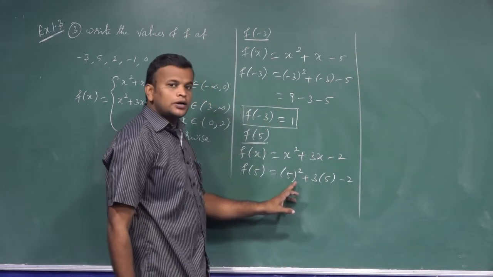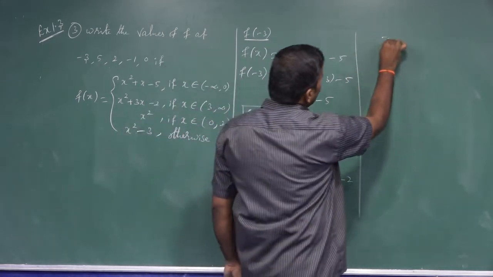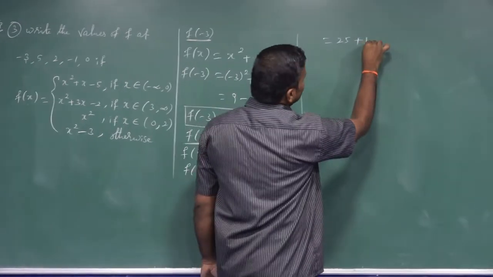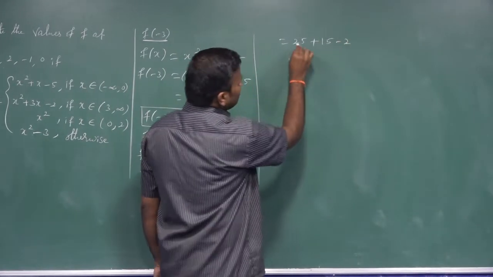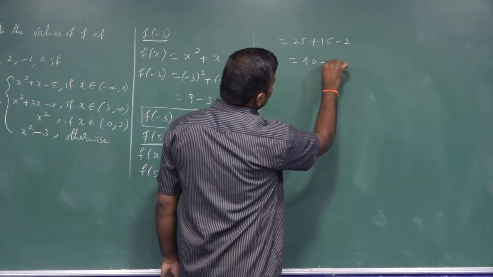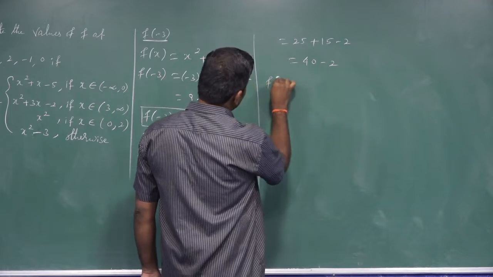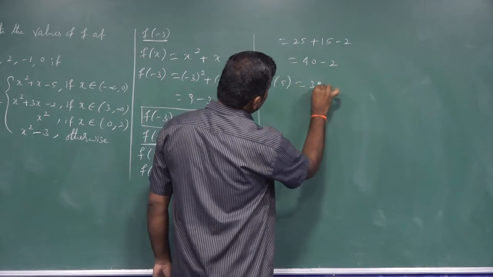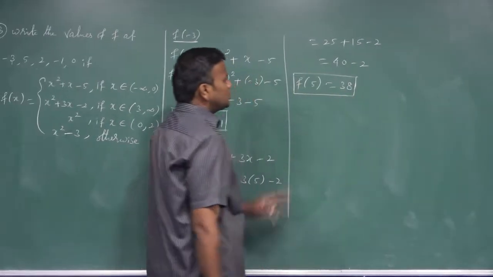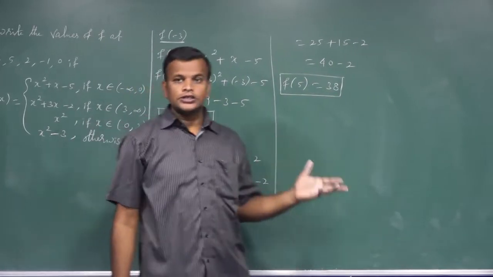The value of 5 square is 25, plus 3 fives are 15, minus 2. 25 plus 15 is 40, minus 2. So f of 5 value is 38. Is over. The value of f of 5 is 38.